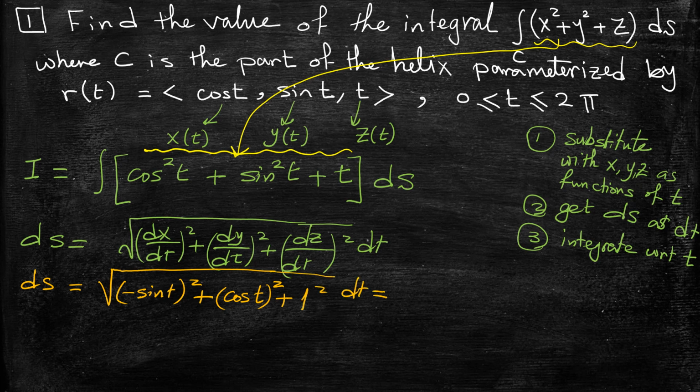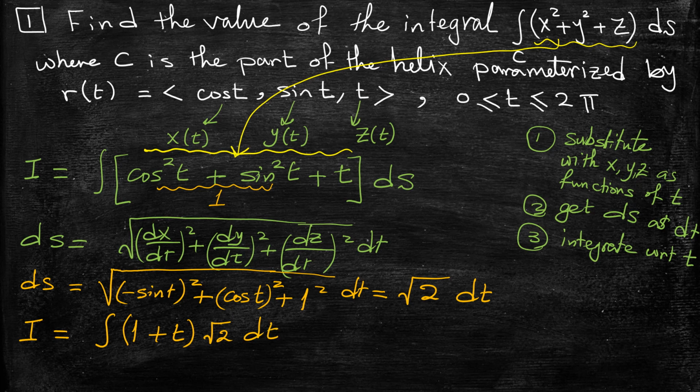So this will be nothing but the square root of 1 plus 1, since sine squared plus cosine squared is 1, plus the other one, which gives 2, so root 2 dt. Now I can write this integral with cosine squared plus sine squared together being just 1, so this will be 1 plus t, and ds is root 2 dt, with the integral from 0 to 2 pi.